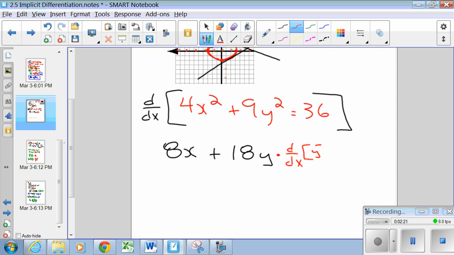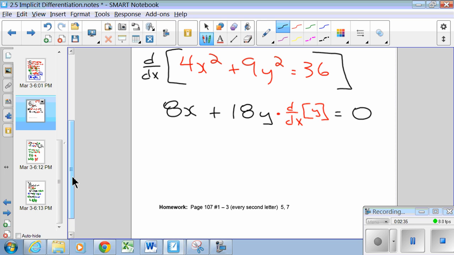So I want to take the derivative of my non-x function, the chain rule part, and then I also want to take the derivative of 36, or the derivative of a constant. Slope is 0. So let's just clean this up a little bit. We have 8x plus 18y dy dx, or y prime, equals 0.